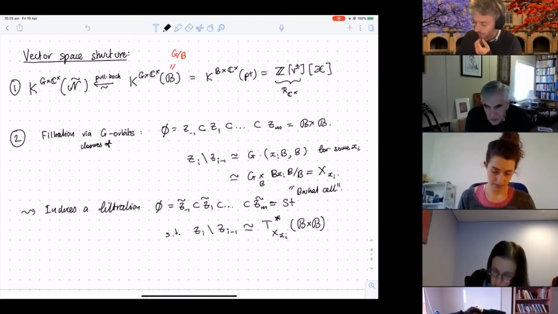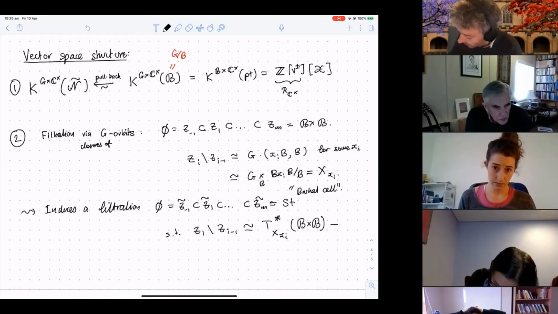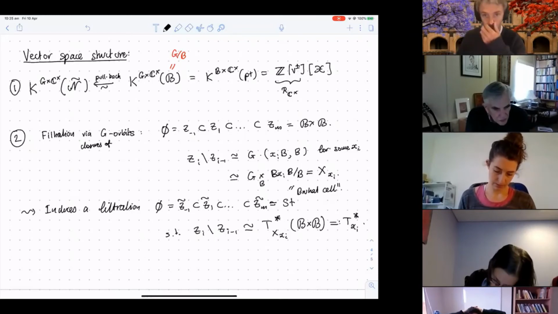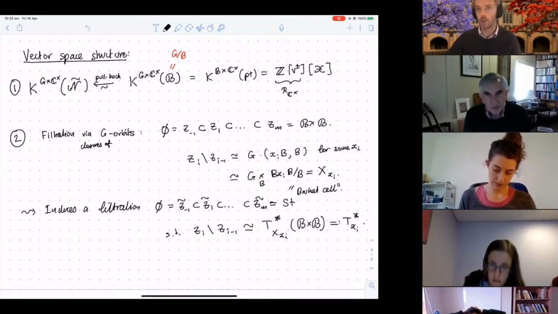And so I just want to call this TXI star. So this is the conormal bundle to the orbit determined by XI inside B times B.